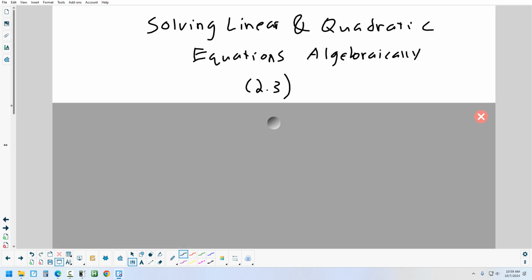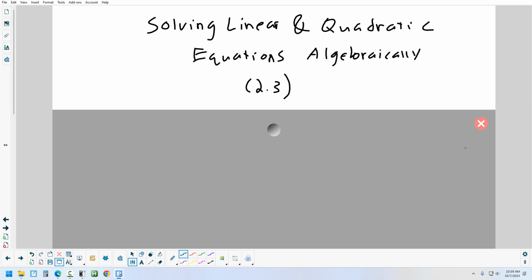All right, so what we'll really focus the rest of today on is solving linear and quadratic equations. Hopefully everything in this section should be reviewed from Algebra 1. Before we can talk about solving an equation, we got to just talk about what is an equation. Is this an equation? 2x plus 3?